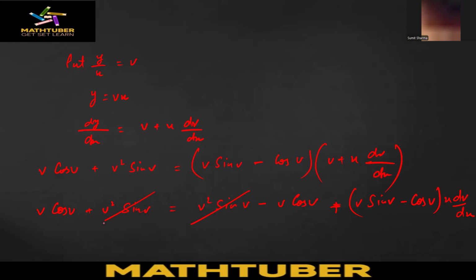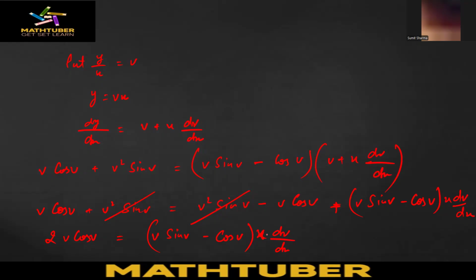So if we take this v cos v to the other side, you will get 2v cos v equal to v sin v minus cos v into x dv by dx, right? Now we have to separate all the variables.